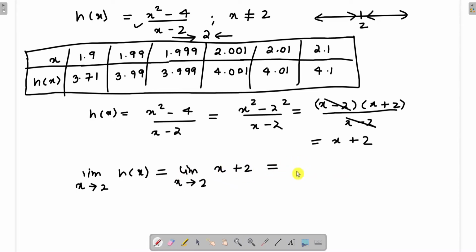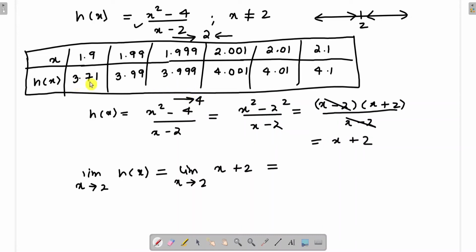Right now we cannot write something here because we don't know how to calculate the limit yet. But if you look at the table here, the function values are approaching 4 from the left hand side.